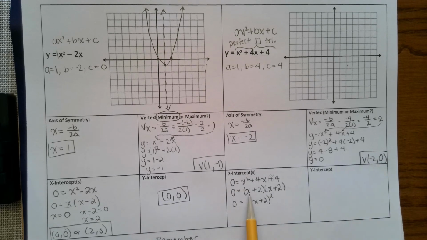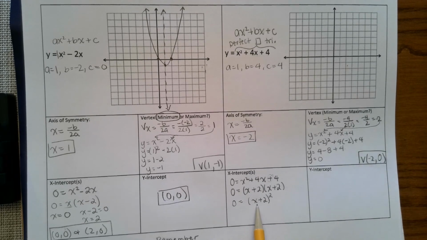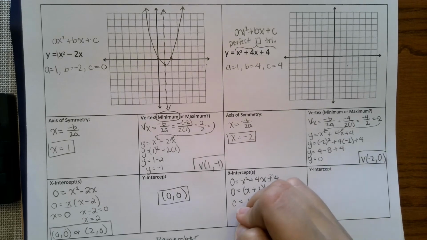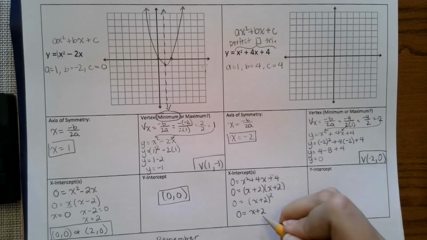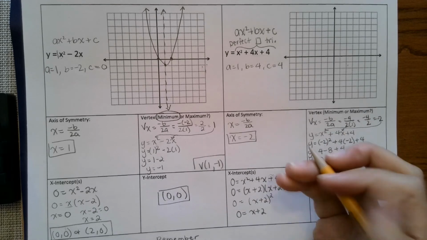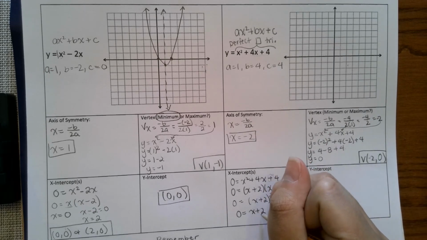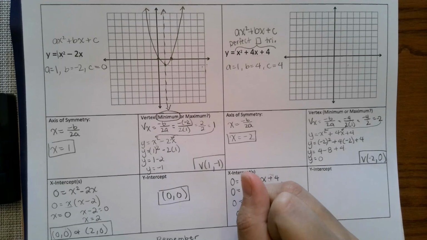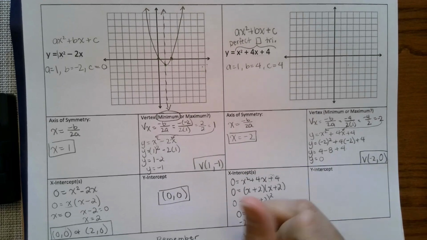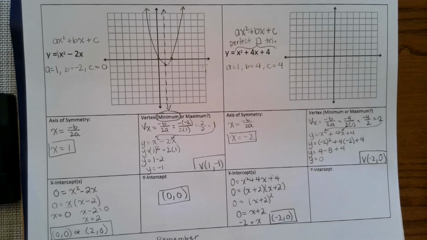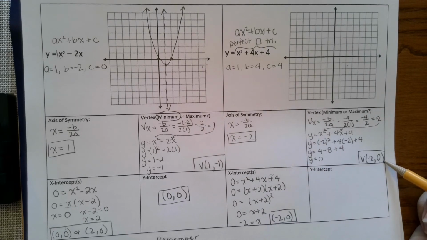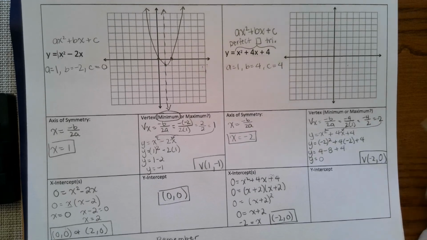Now, since these binomials are exactly the same, or in other words, I just have one binomial being squared, I can essentially just set that one binomial equal to 0. And when I solve here, I would end up subtracting 2 on both sides, and I would get x equals negative 2, which as an ordered pair would be negative 2, 0. And that is how we can confirm with our vertex here that the vertex is the x-intercept.